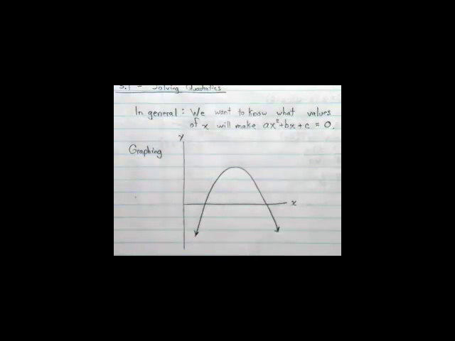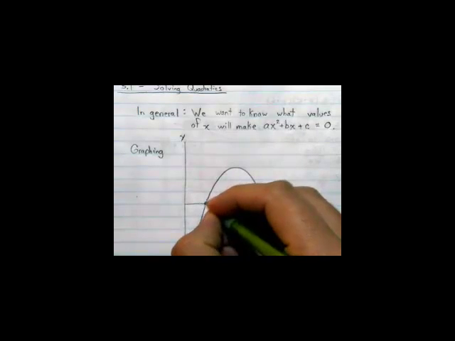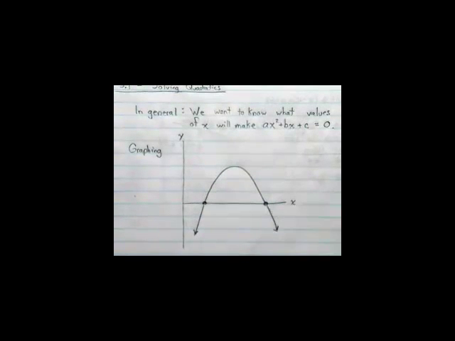If that's the method we're going to use, what are we looking for on there? The x-axis, right. Okay, we want to know what are the values of x that make the equation, or y, 0. So where on a graph is y equal to 0? Anywhere along the x-axis. Okay, so our points of interest then are going to be where that function, or that quadratic in this case, is hitting that x-axis.